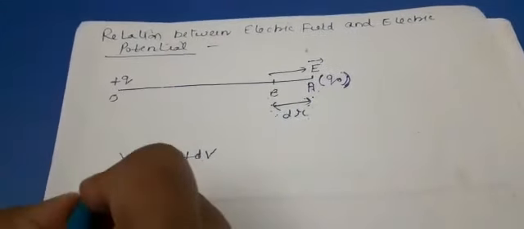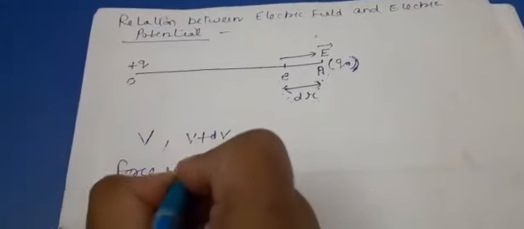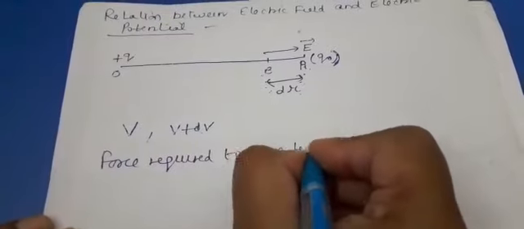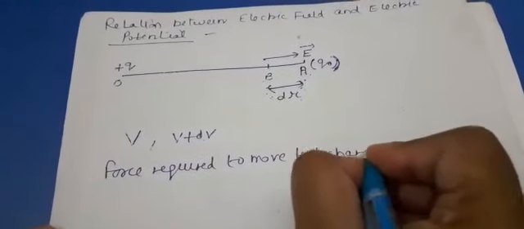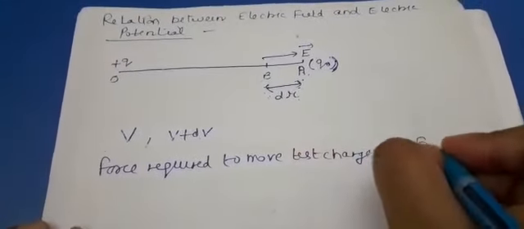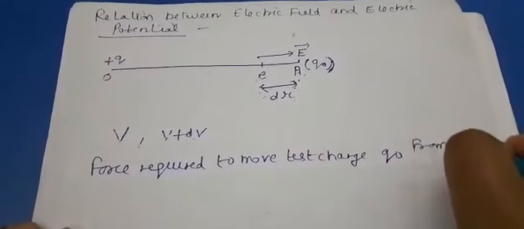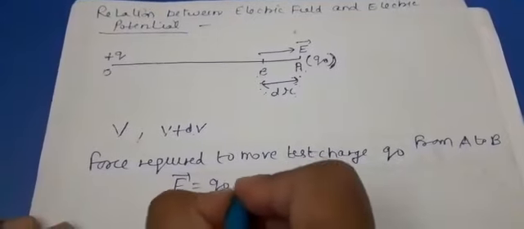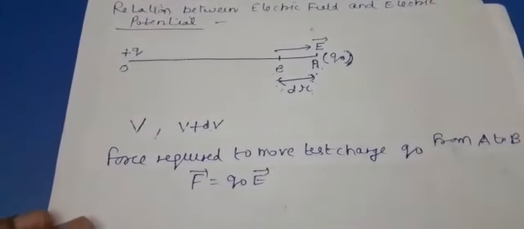So first of all, the force required to move the test charge Q0 from A to B, from one point to another, will be given by Q0 into E.